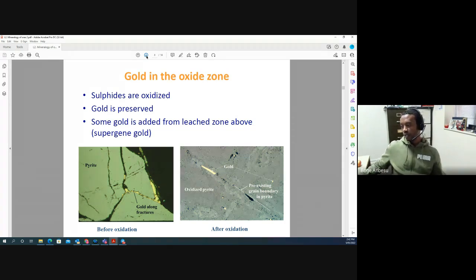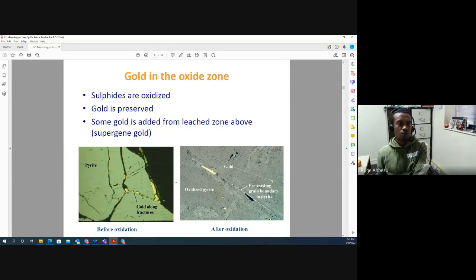So I don't know if you can see my pictures there, but the one on the left shows some pyrite hosting the gold itself. In some of those fractures, you can clearly see some of the gold appearing, and that's mainly because of the weathering of the pyrite, which then exposes some of the gold that was already locked in the pyrite.